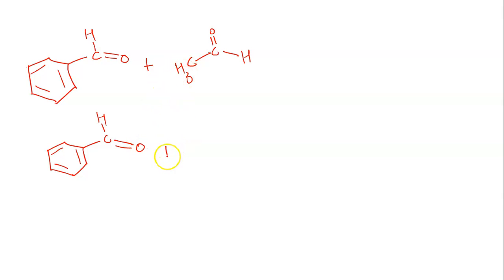Instead of writing it as CH3, I can write it as CH2, one more H which is connected to the carbon, and CHO. Okay, so this is acetaldehyde, another way of writing acetaldehyde. Now this will be removed.